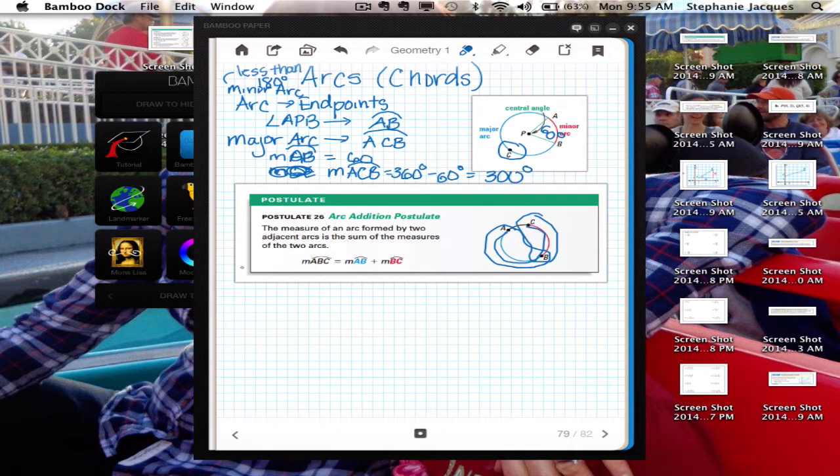Another thing I want to put out there is that a semicircle could be an arc if its endpoints are the diameter.